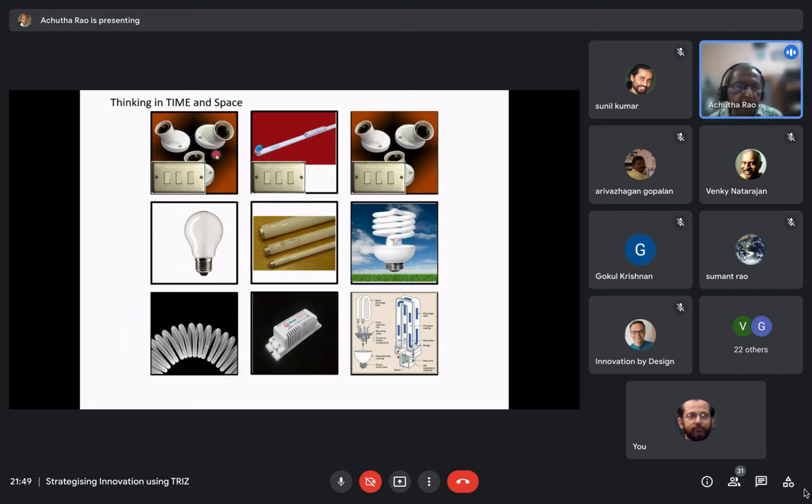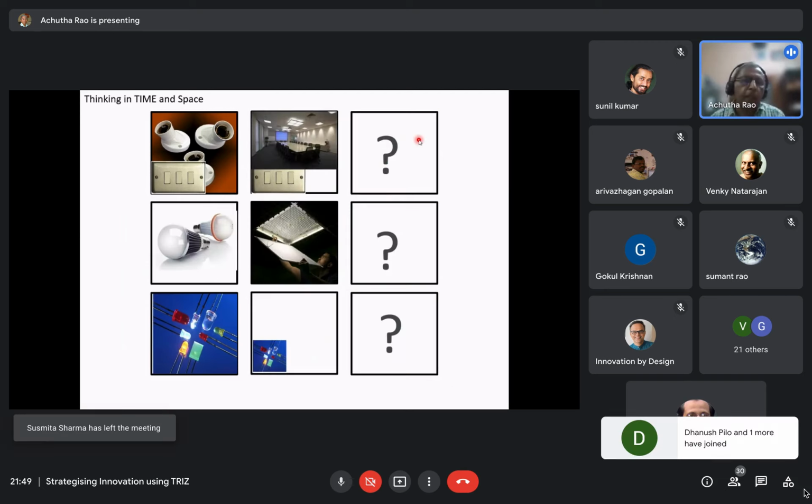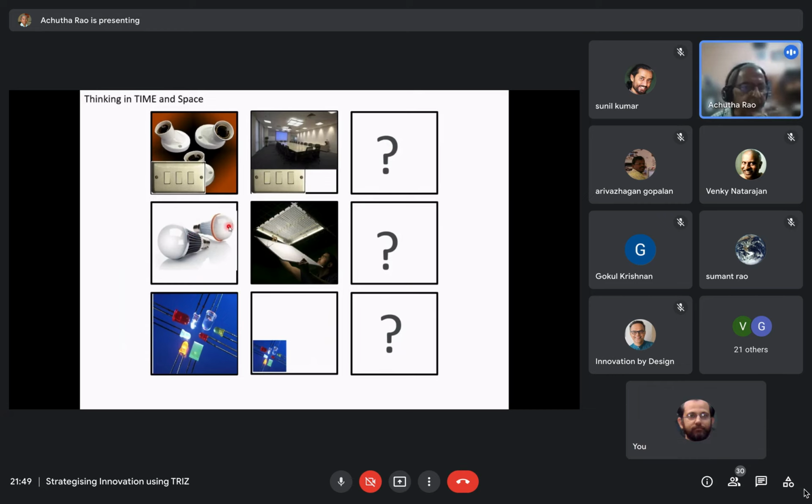So changing the supersystem is very difficult. Am I right? Even the CFL was designed so that it can fit into this bulb holder. Now what happened when the LEDs came? I was told that this is the most inefficient LED system because it has been designed to fit into the supersystem, which is very difficult to change. And I'm not sure, but a lot of experts say LED being flat is the most efficient system.